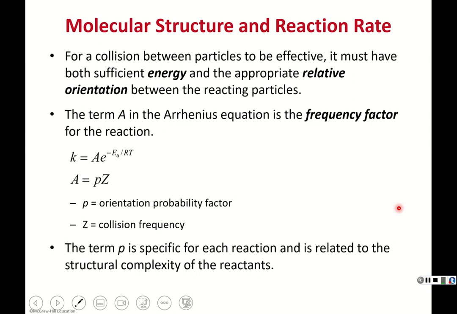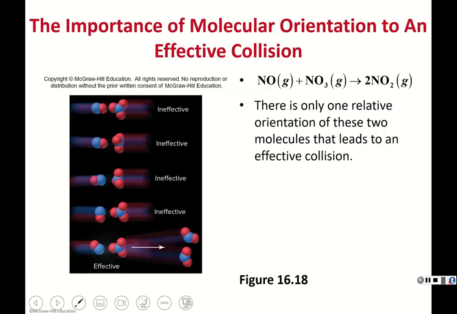And so there's another term here, technically, that capital A in the Arrhenius equation has this factor P, which is an orientation probability, and Z is the collision factor. So the orientation of a molecule will also play a role, right?